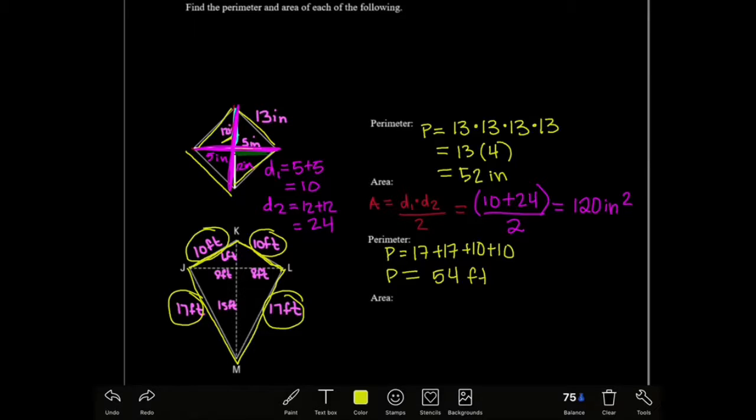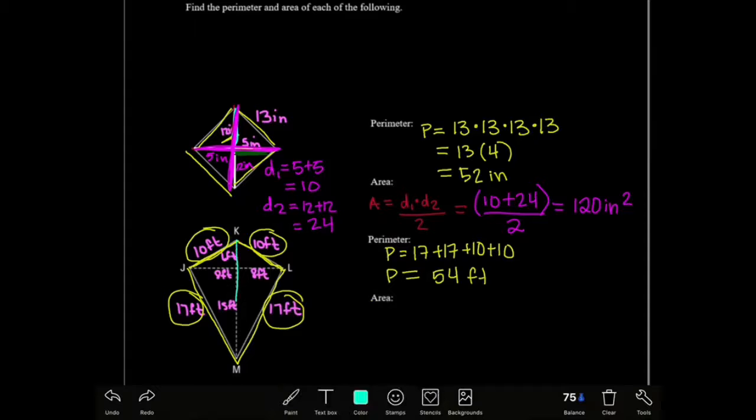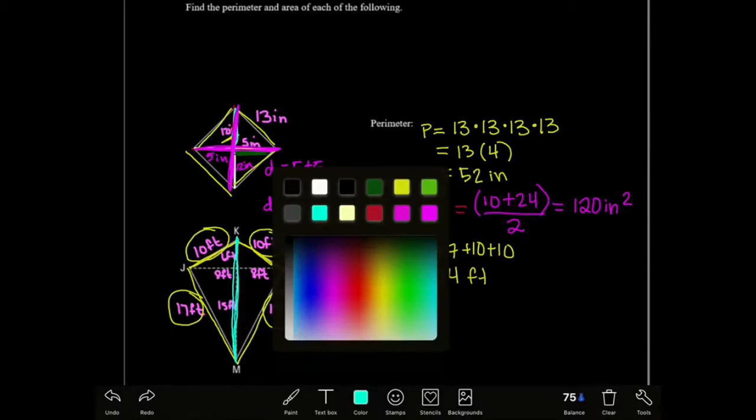Basic, nothing too hard. Then our area, again, is the product of the diagonals divided by 2. So our diagonals in this image are KM, that's D1. D1 is KM, okay? Let me mark this in another color.